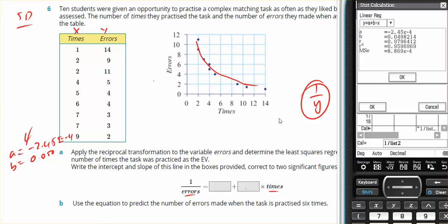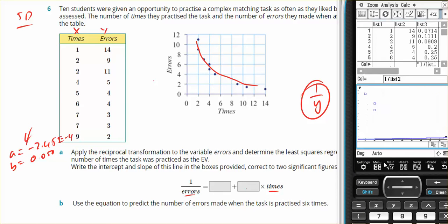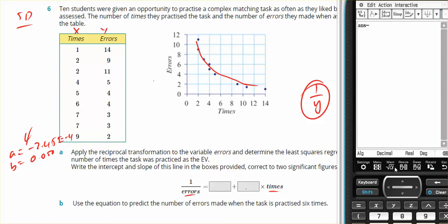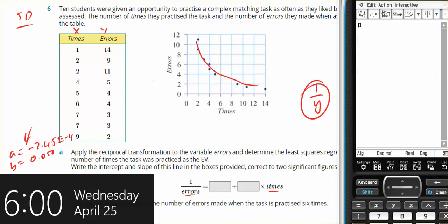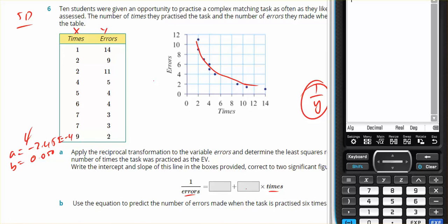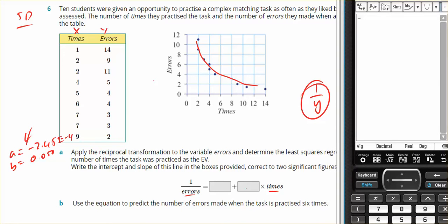It just basically means, if I go on the main menu, I'll just click the negative button, negative 2.45 times 10 to the power of negative 4. Essentially, that's what it means. So if you click on that, it will come out to the number you're after.